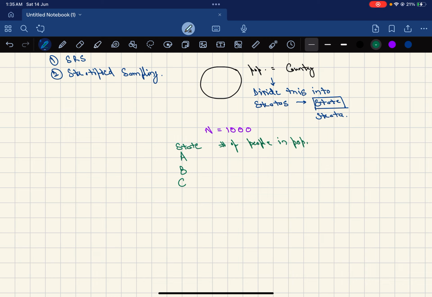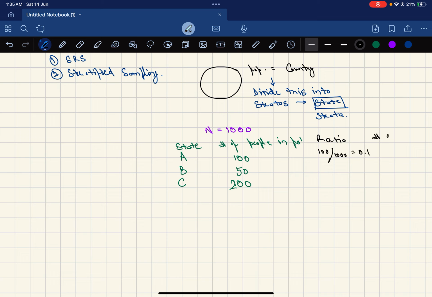So this time let us not assume that there were 50 in each of the 20 states, but let us say we had 100 in A, let us say 50 in B, and let us say we had 100 people in C as well, or let us say we have 200 in C. So we have 250 people across these three states. Now what we do is we calculate the ratio. So let us say in this particular case it would be 100 upon 1000, which is 0.1.